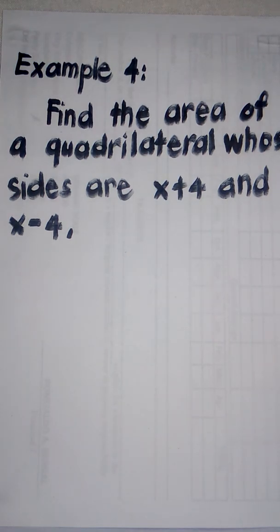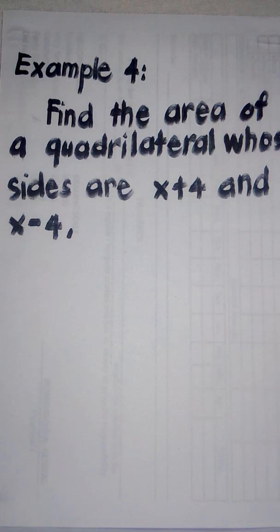For example number 4, it says, find the area of a quadrilateral whose sides are x plus 4 and x minus 4. Maybe this one is a rectangle, I think, because one is a sum and the other one is a difference. So the measure of x plus 4 is more than x minus 4. So I think it's a rectangle.